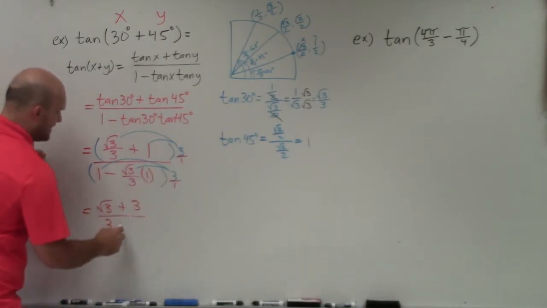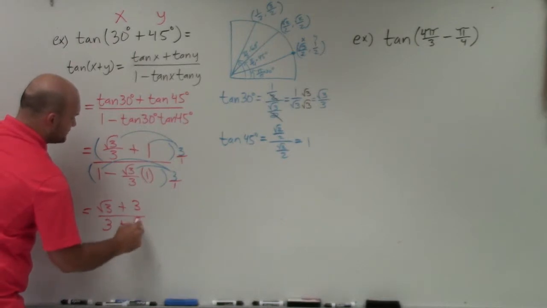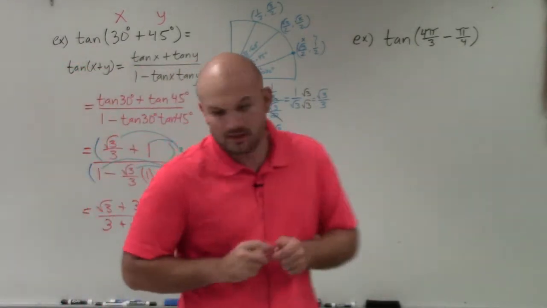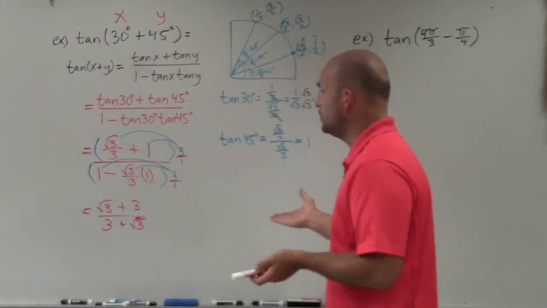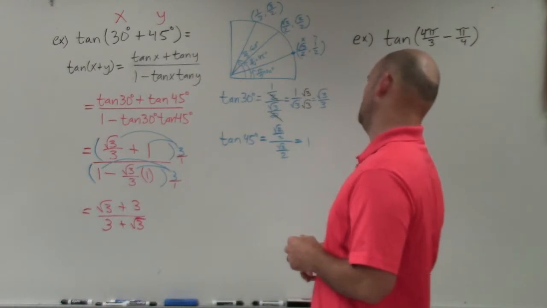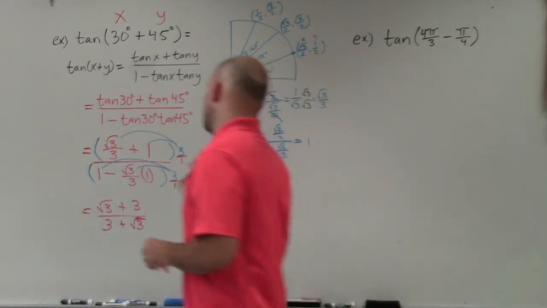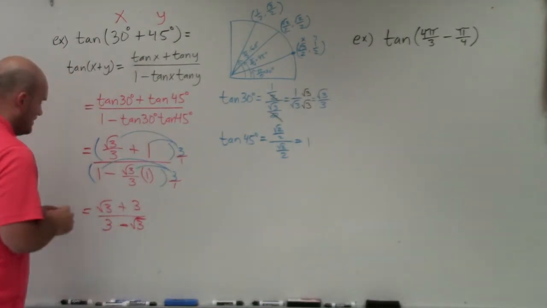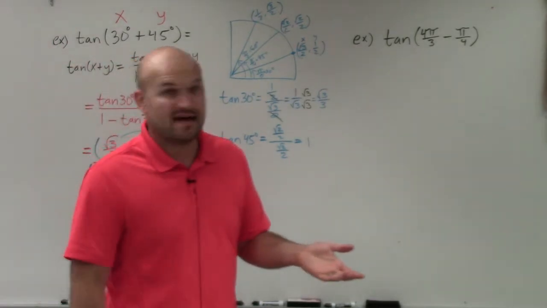So the 3's will divide out, leaving me with the square root of 3. Some people like to leave it in that format, with a minus. Some people are OK with leaving it in that format.